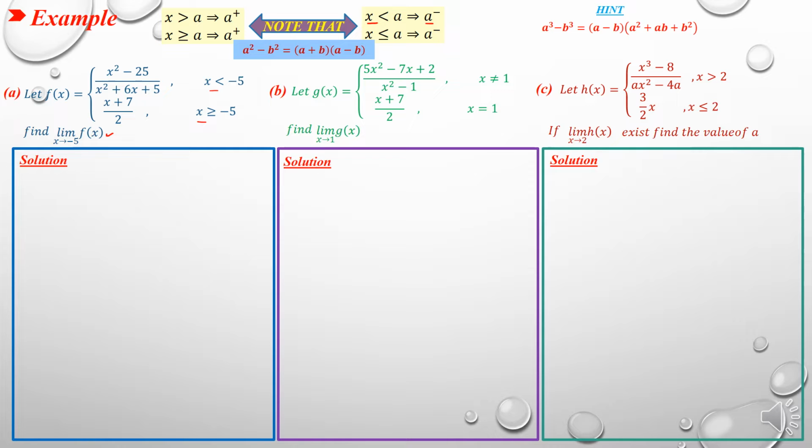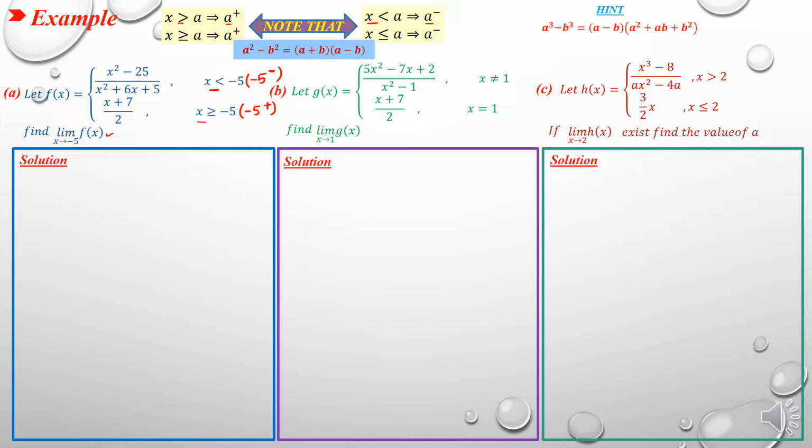And if we have x greater than a, it means a from right. So here we have x less than negative 5, which means negative 5 from left. And here we have x greater than or equal to negative 5, which means negative 5 from right.